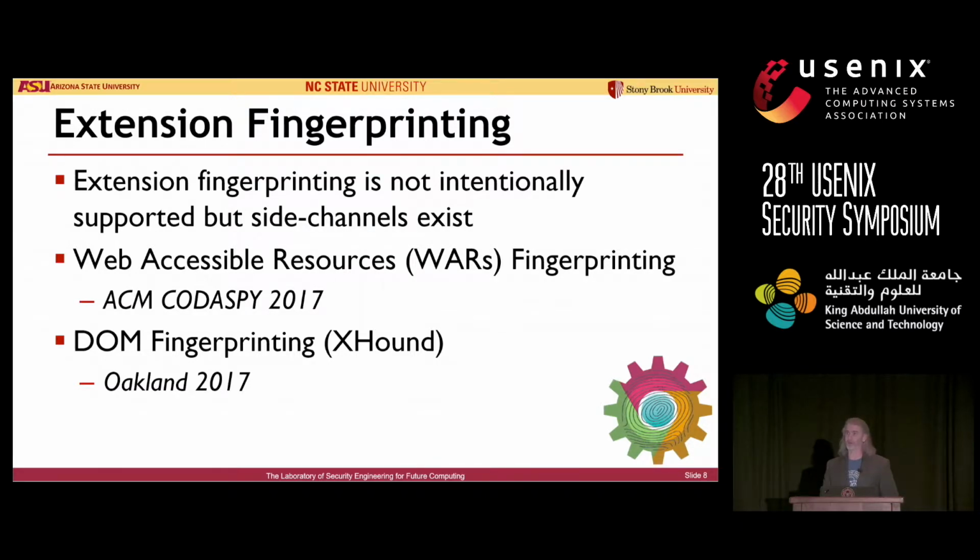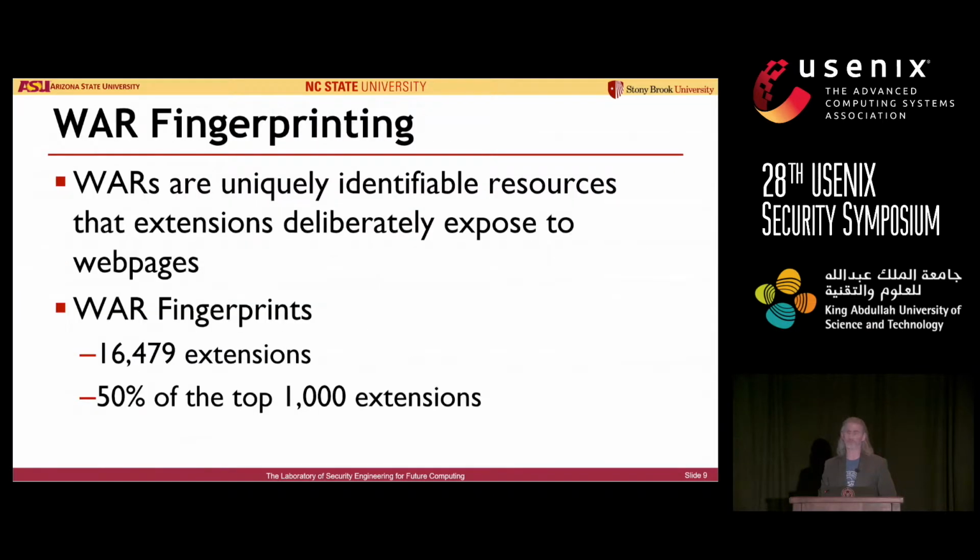And a little later in the same year, XHound was released for DOM fingerprinting, which tracks the changes to the DOM when the extension is installed. For WAR fingerprinting, web accessible resources are uniquely identifiable resources that extension developers deliberately expose to web pages. These are WAR fingerprints, or web accessible resource fingerprints.